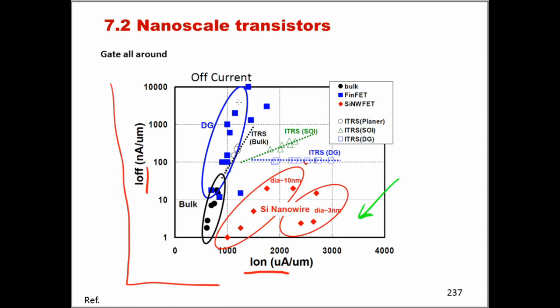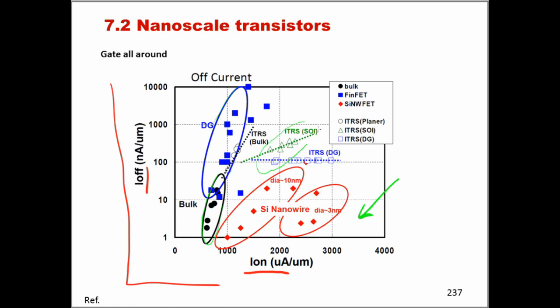So as you can see, the steps that the technology has been making in the last 20-30 years are exactly going in that direction. With the standard transistors, we were here, and double gate up here with the blue dots.